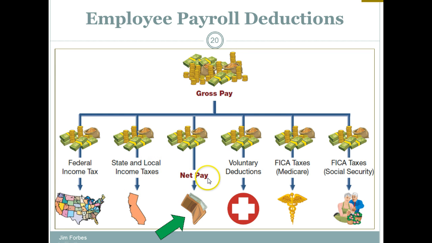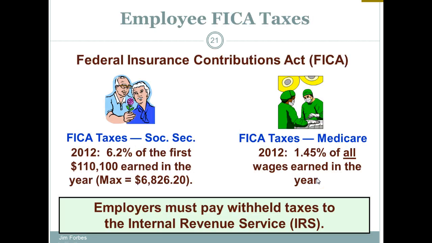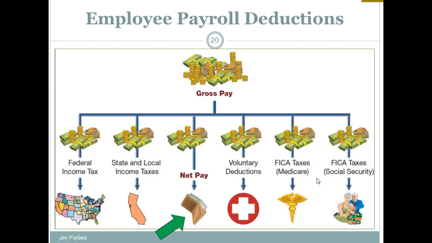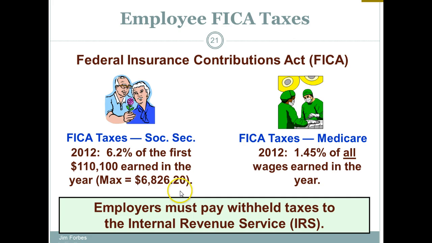Now you have your net pay, and then you have maybe voluntary deductions. Could be for charity, could be other insurances, there could be some taxes taken out. So there could be a variety of things that the employer will have to deduct and then pay various entities. And you have to keep track of all that.